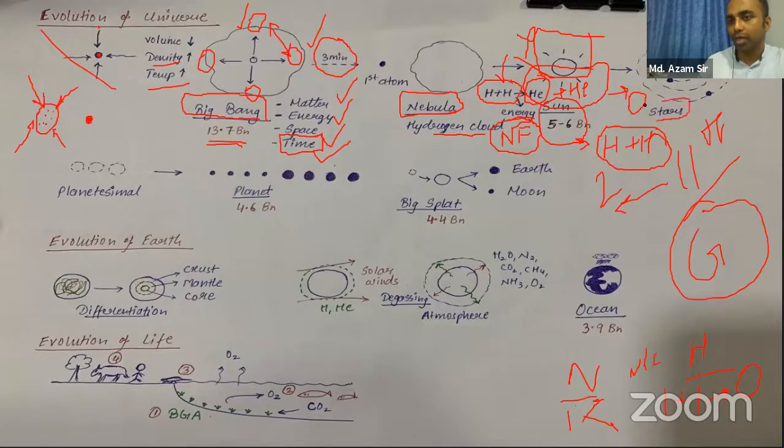So the first thing that was formed in the universe, the first celestial body, was the star. Later on, the planets started forming, but before the planets, the material that is required for the planets, called planetesimals, was formed. So almost all the planets in our solar system were formed 4.6 billion years ago.